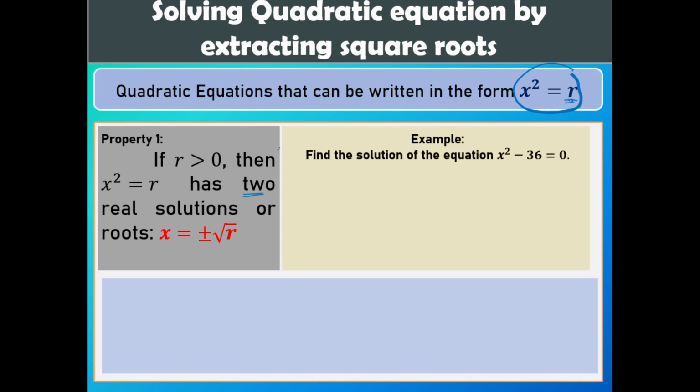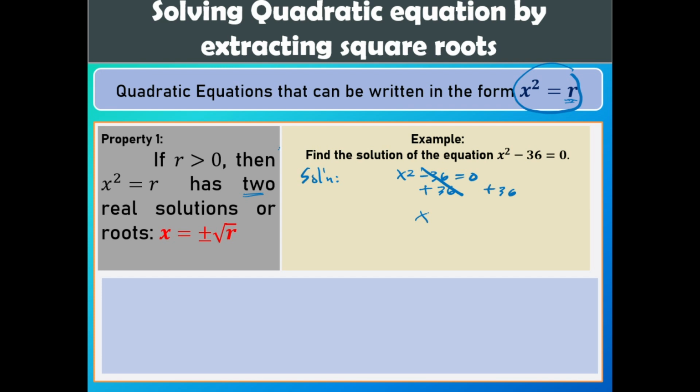Okay, let's have an example. Example, find the solution of the equation x squared minus 36 equals 0. Okay, solution tayo nito. So, we have here x squared minus 36 equals 0. So, kailangan yung left side natin, x squared lang. So, gagawin natin, eliminate natin yung 36. So, mag-add tayo both sides of the equation by 36. Dito din 36 para eliminate na to.